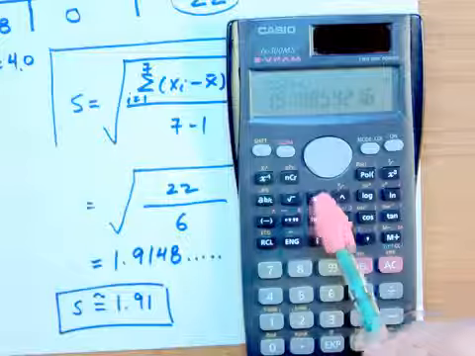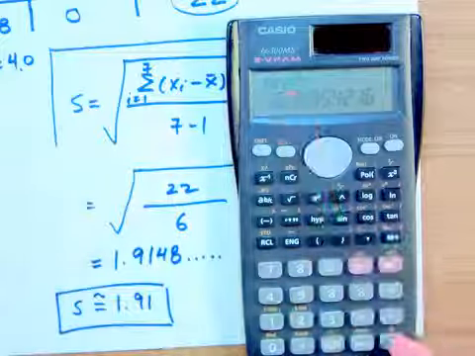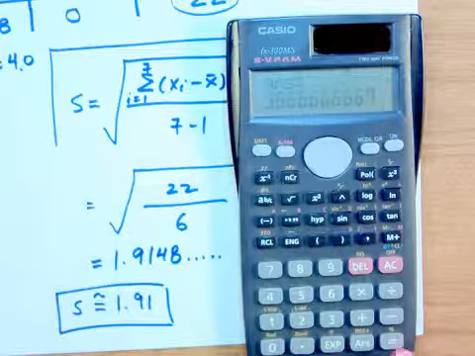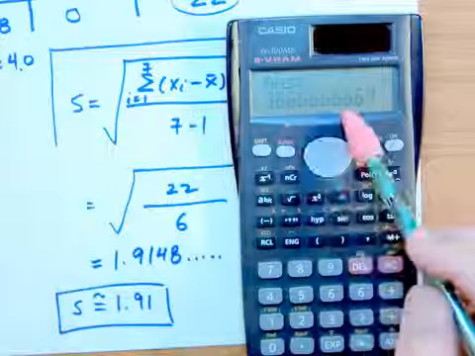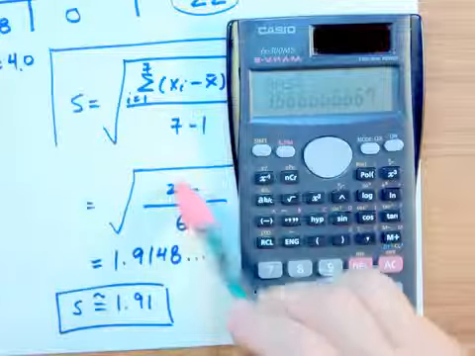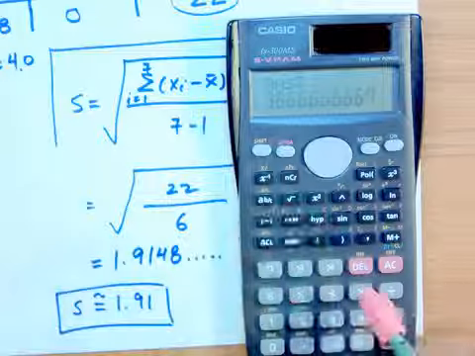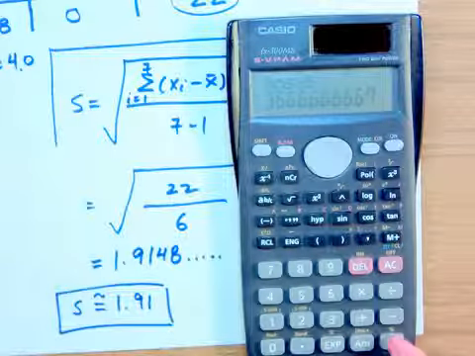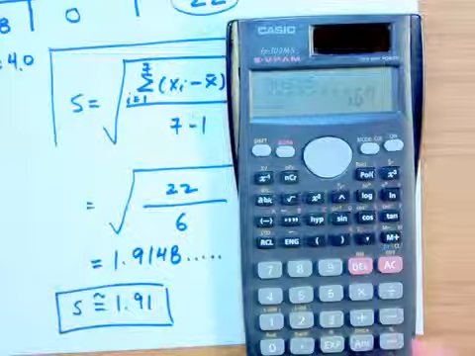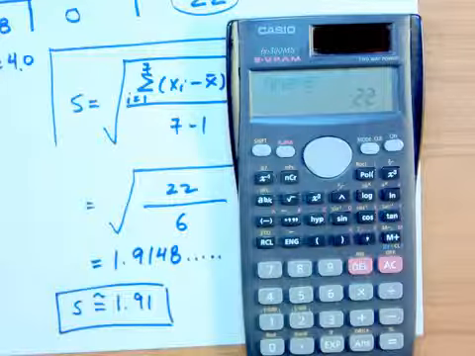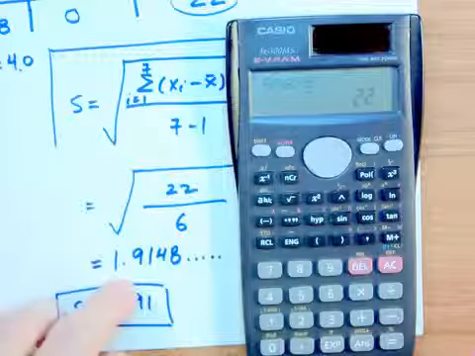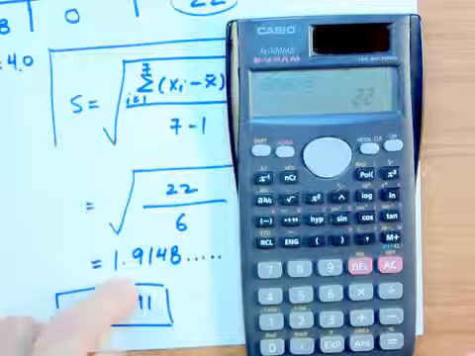Take x squared, that means answer squared, press equals. It's giving us 3.666 repeating. That is supposed to equal 22 over 6. How do you verify that? Multiply that by 6. That should give us the numerator 22. There you go. So we are able to compute the mean, sample standard deviation, as well as sample variance. That's it.